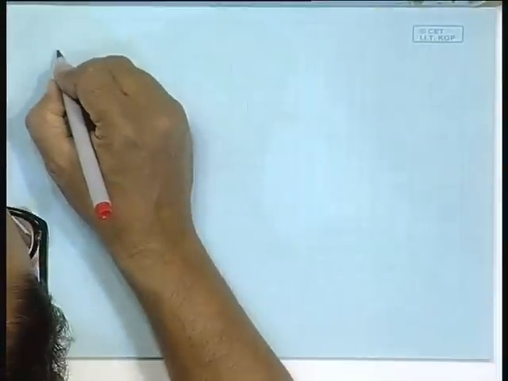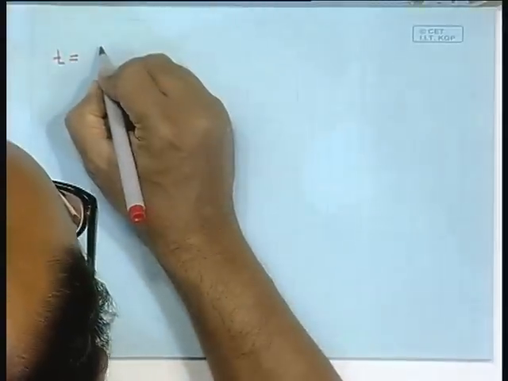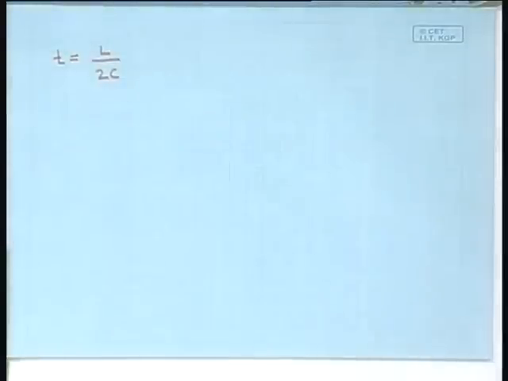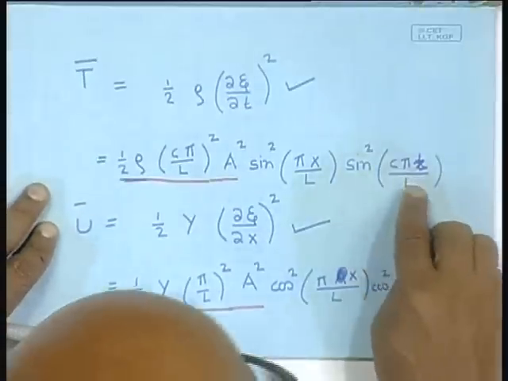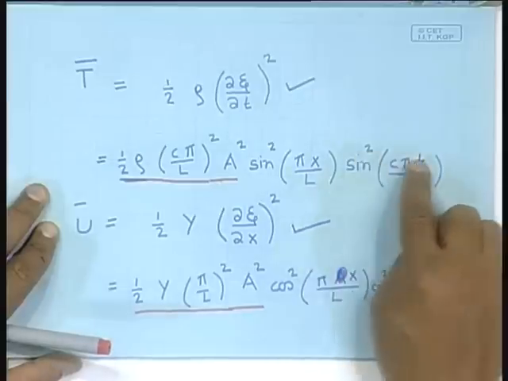So, we are looking at the time instant where t is equal to L divided by 2c. If you put L by 2c over here, this becomes pi by 2, sine square of pi by 2 is 1.